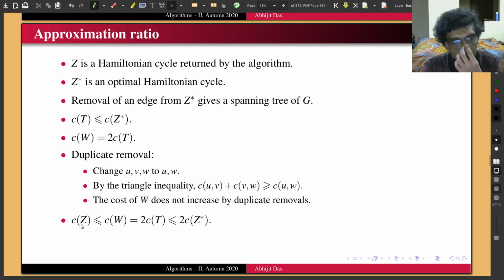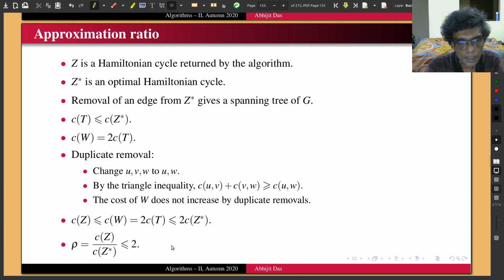Therefore, the approximation ratio, cost of Z over cost of Z star, is less than or equal to 2. So, this is a 2 approximation algorithm.